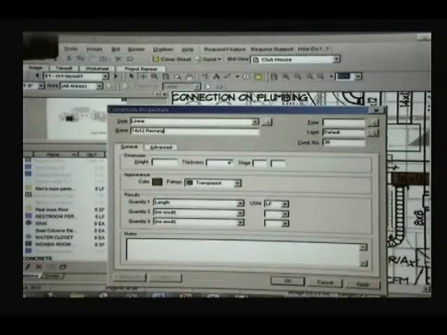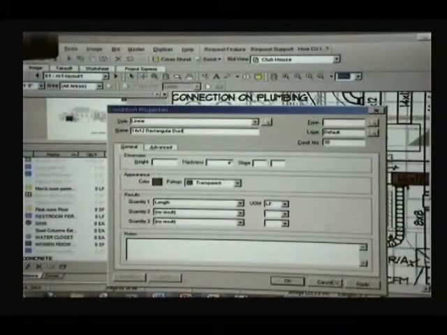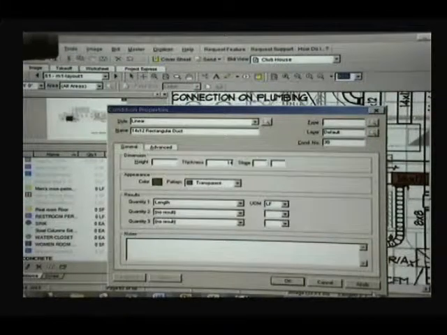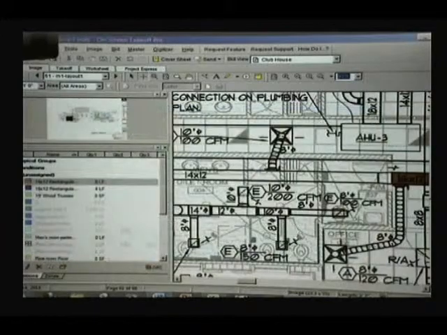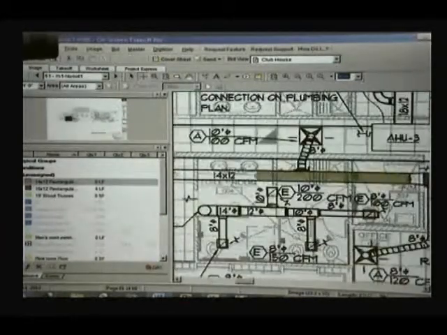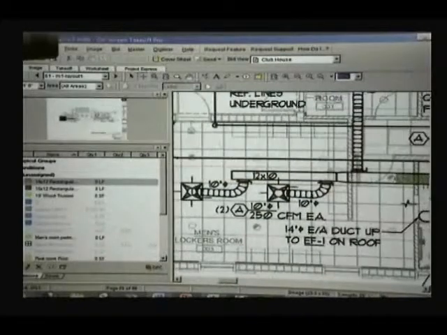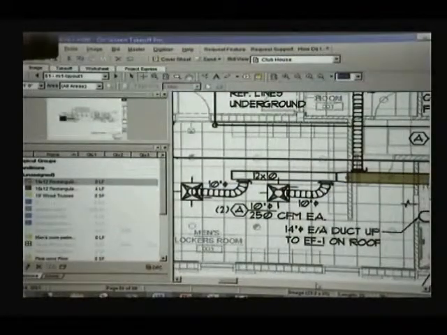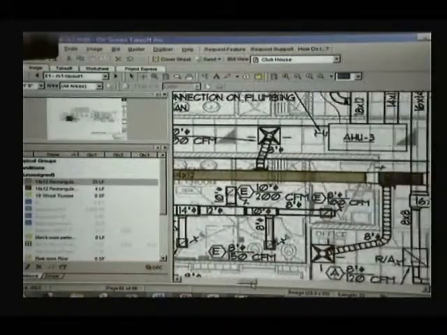Rectangular duct, right? So the thickness here will be 14, and then we'll go here and keep going. Now you will say, okay, how about these transitions?